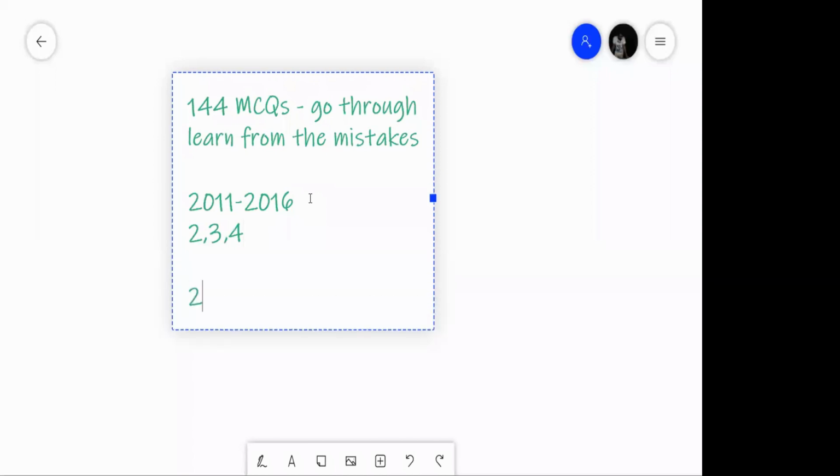In 2014 there are 2 questions if I'm not mistaken, and in 2016 also there are 2. I'm not very sure of the years, but some years you can have 2 essay questions from units 2 and 3. In 2020 definitely there are 2 because of the new syllabus. So do all those questions and come, then we'll be doing it.